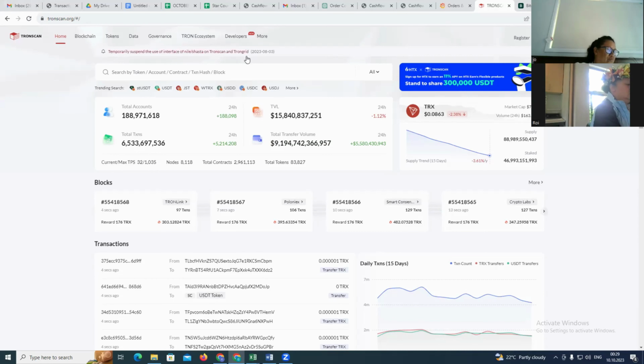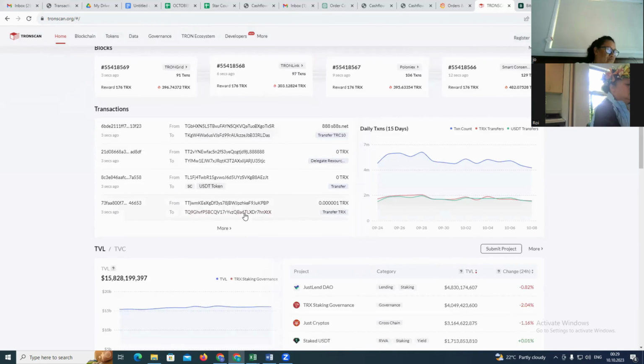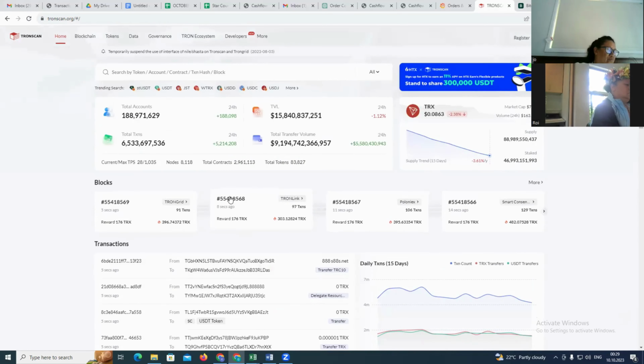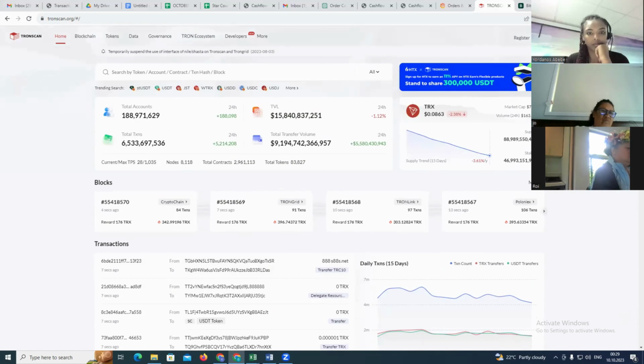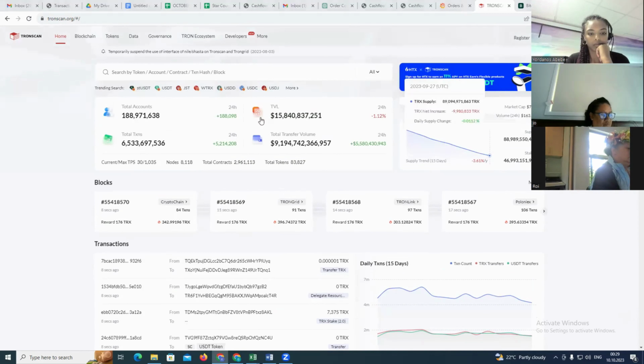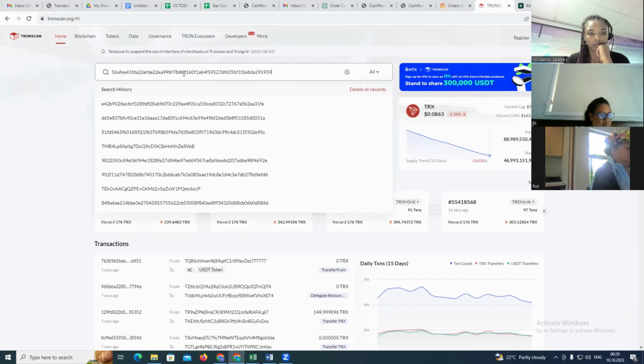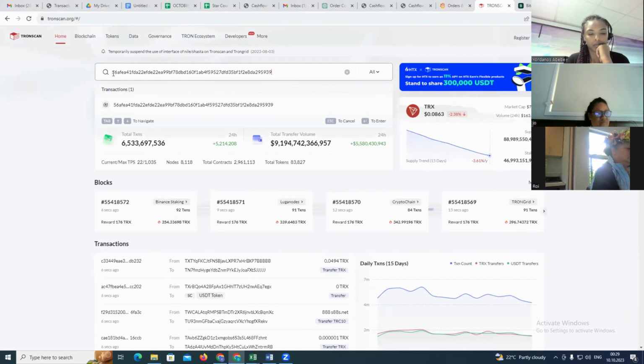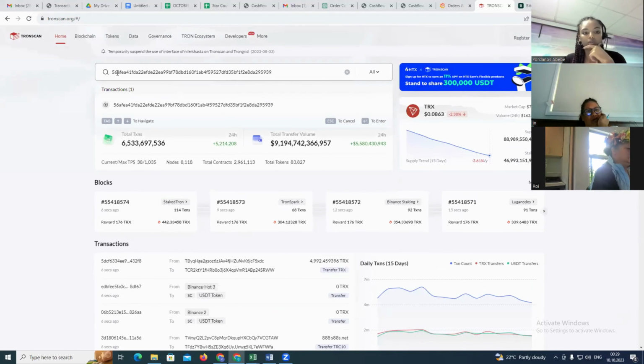So this is what TronScan looks like, and let's track one transaction on Tron to see. You can see this transaction right now; it starts with numbers, just like the one we did on the blockchain explorer.